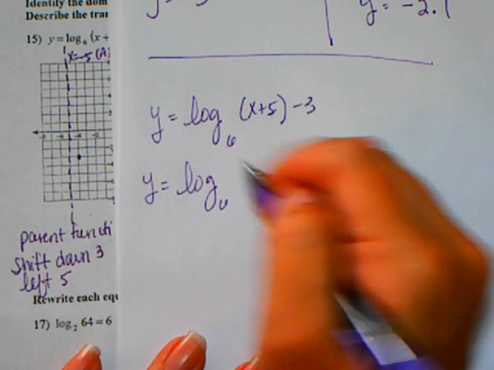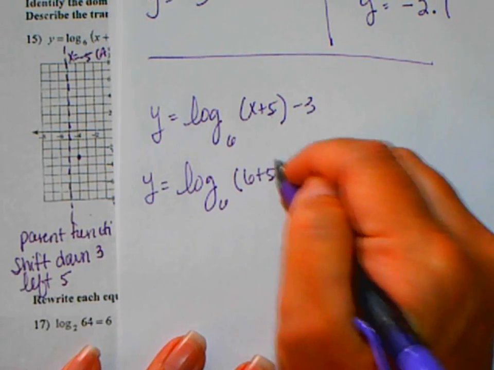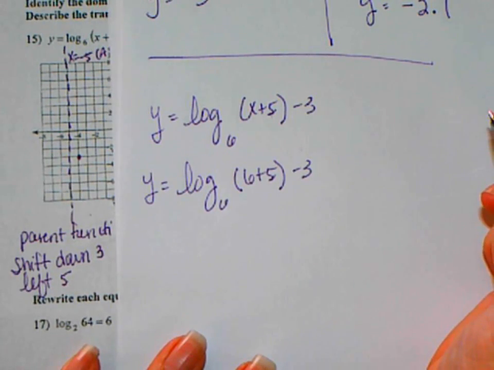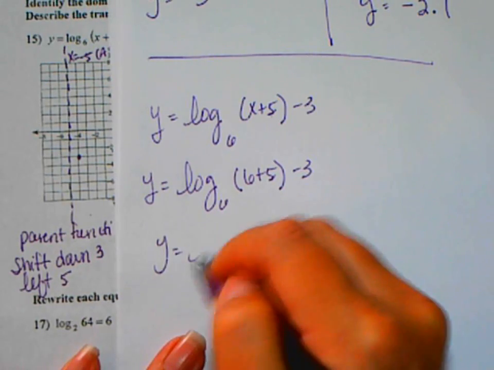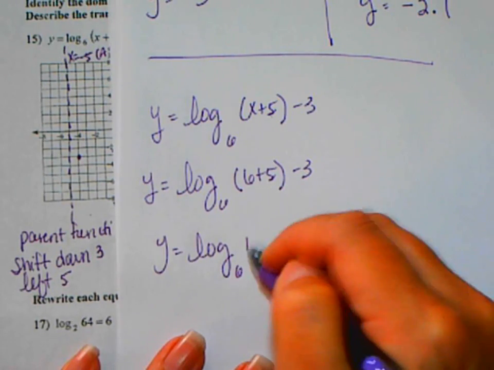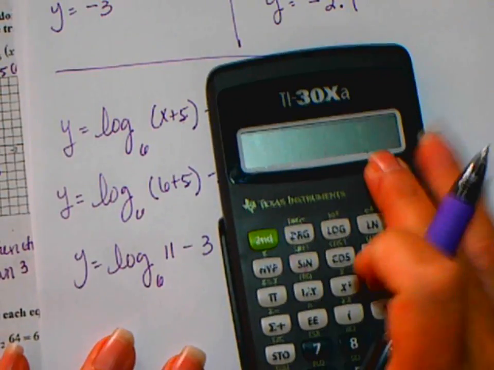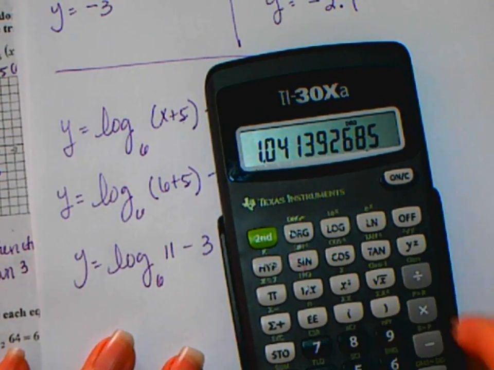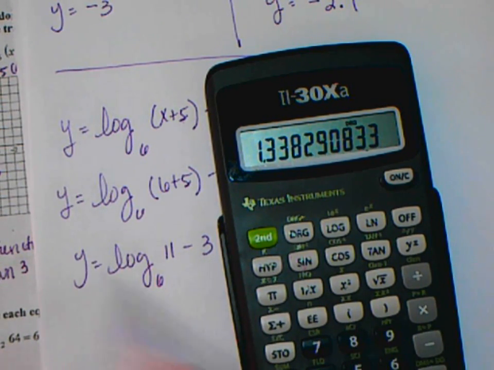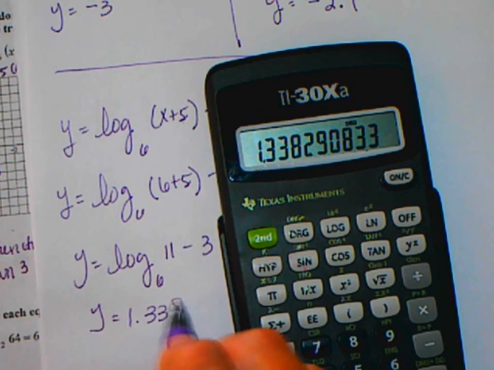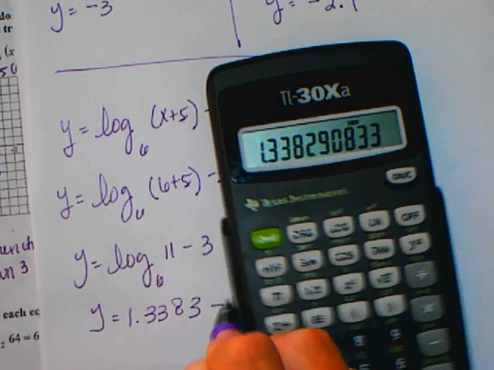So where I see x, I'll plug in a 6. Y equals log base 6 of 11 minus 3. I'm going to use change of base on that. 11 log divided by 6 log equals, it's always a good idea to double check your math, 1.3383 minus 3.